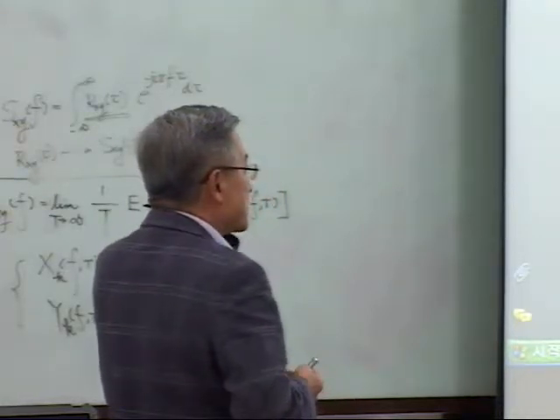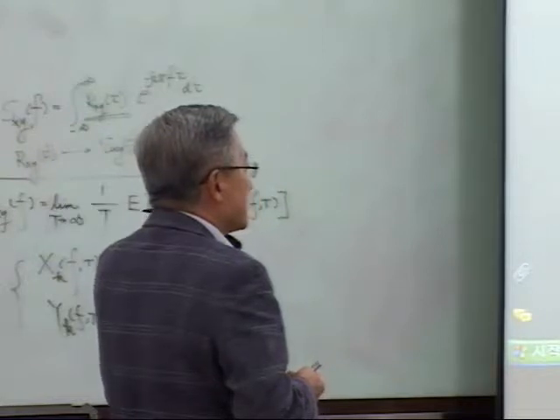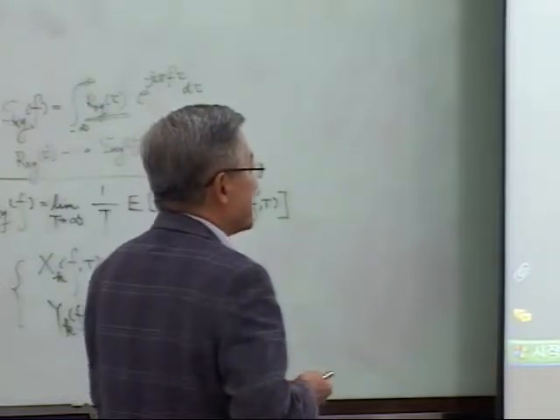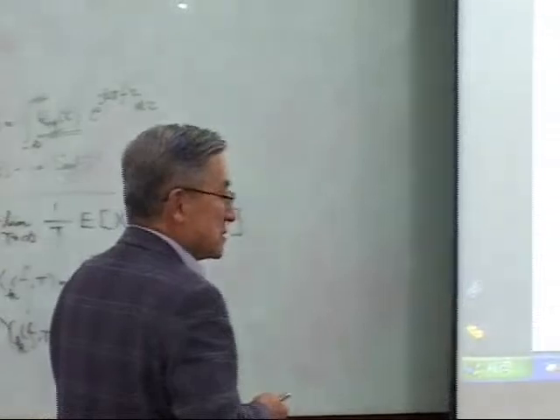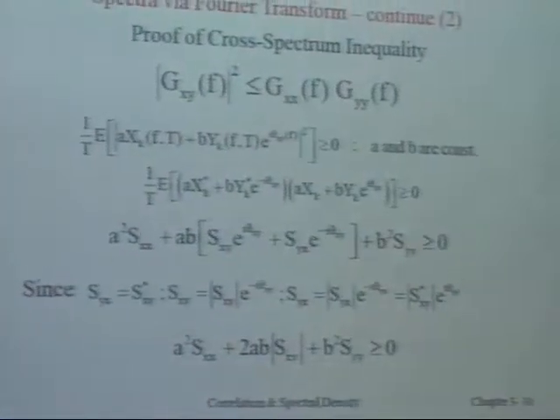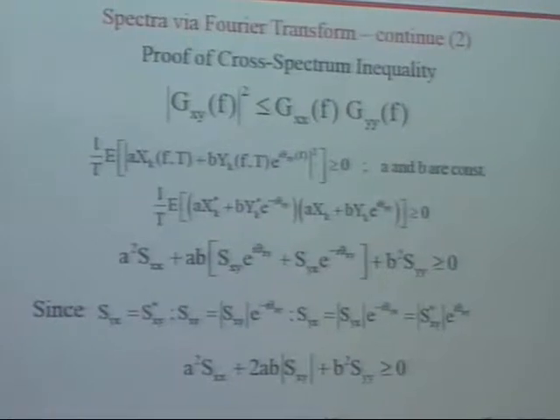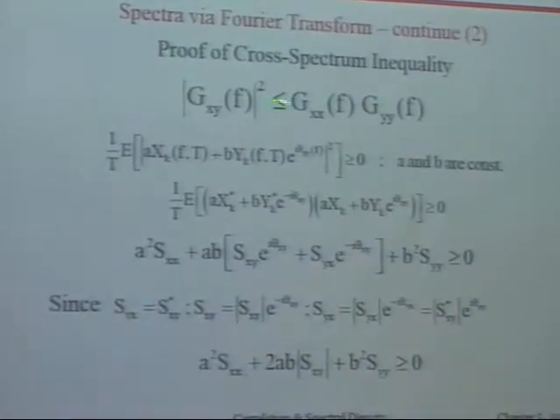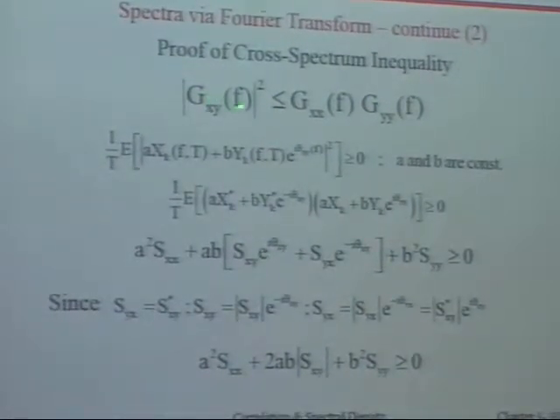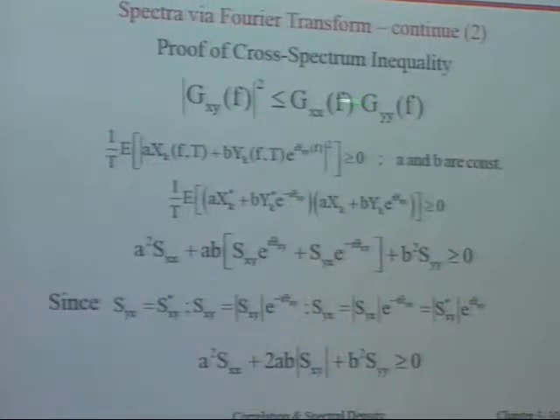So here is a very important inequality. If you move this left-hand side term to the right-hand side, then you have Gxx times Gyy divided by the absolute square of Gxy. What do you call that?